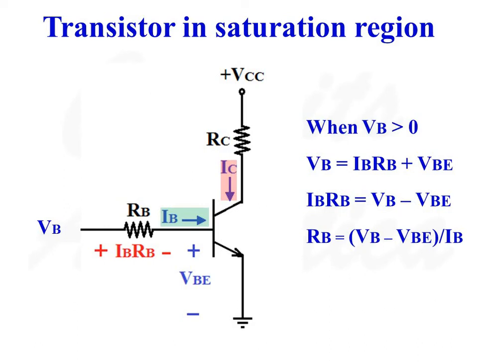So VB is equal to IBRB plus VBE. IBRB is equal to VB minus VBE, or RB is equal to (VB minus VBE) divided by IB, where IB must be greater than or equal to IC divided by beta.